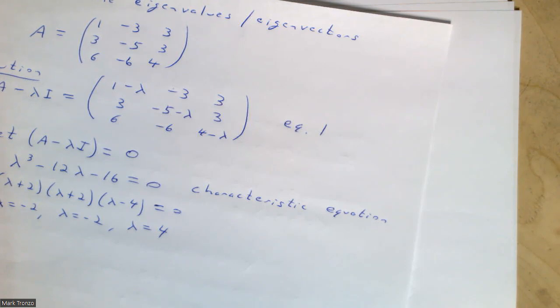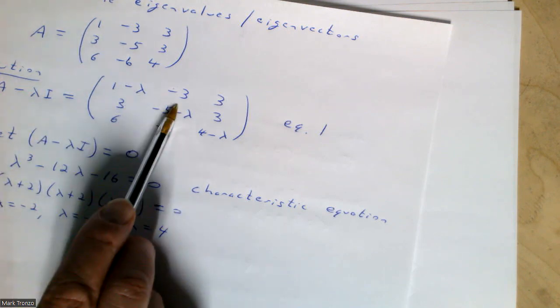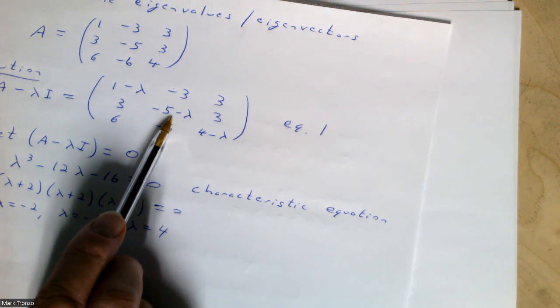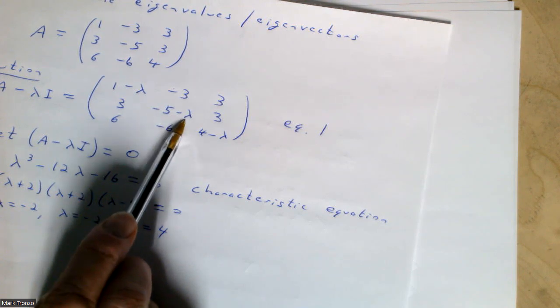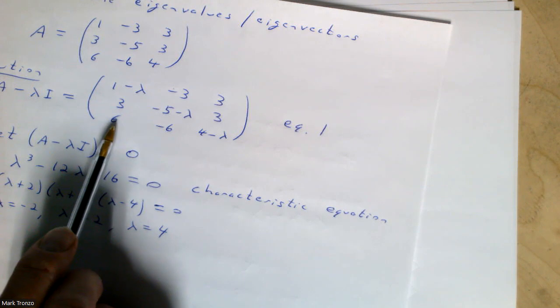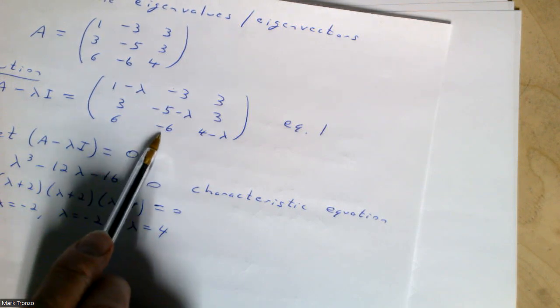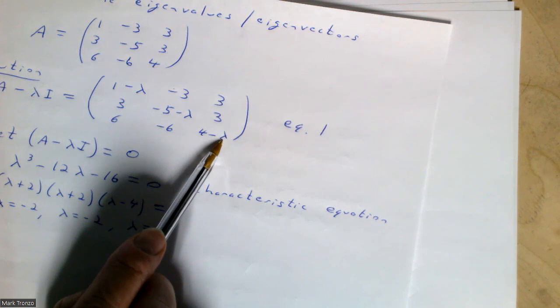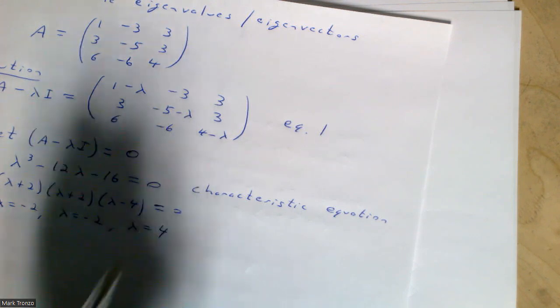And so when we put that in, you're going to get minus 3, 3, 3, minus 9, 3, 6, minus 6, and 4. And that's going to be 0 here because we have 4 minus 4.